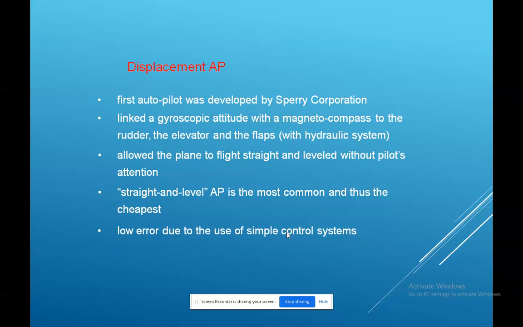It will automatically run the flight in a straight and level manner. This is the most important point in the displacement AP. Straight and level AP is the most common and the cheapest, with low error due to the use of a simple control system. That means you are using a simple control system, so the error will be very low.